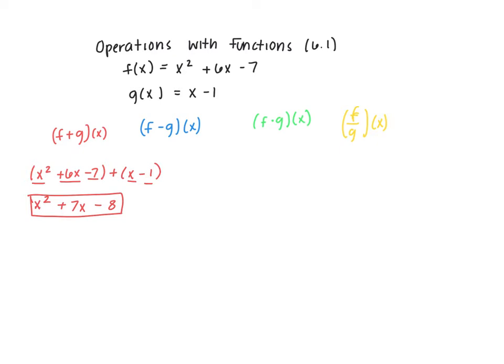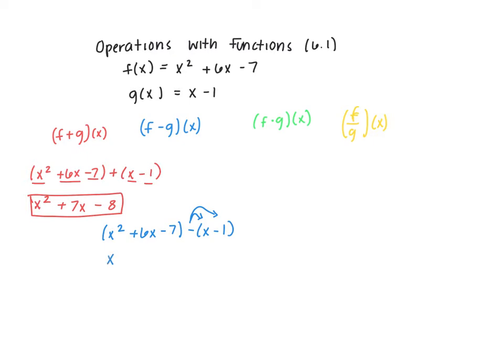When we subtract two functions, we're basically going to do the same thing with combining like terms, except it's important to make sure you put the first one in front. And then don't forget that you need to distribute this negative sign to both of the terms in the second function.